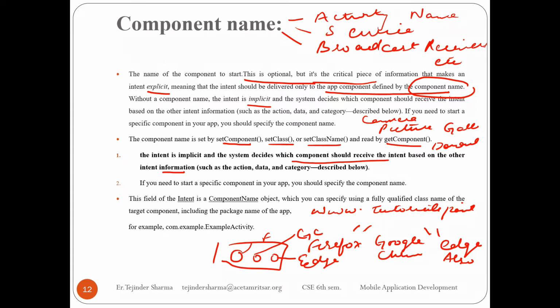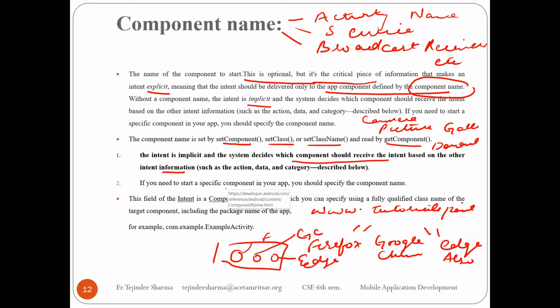So this is what it wants to say, that it is decided by the system that these components are suitable to open this particular website. Now the user will choose which component he wants to use for his website to be opened. So that means the user will give the component name. He will select the component name from the given list so as to open his website. So this is called fully qualified.